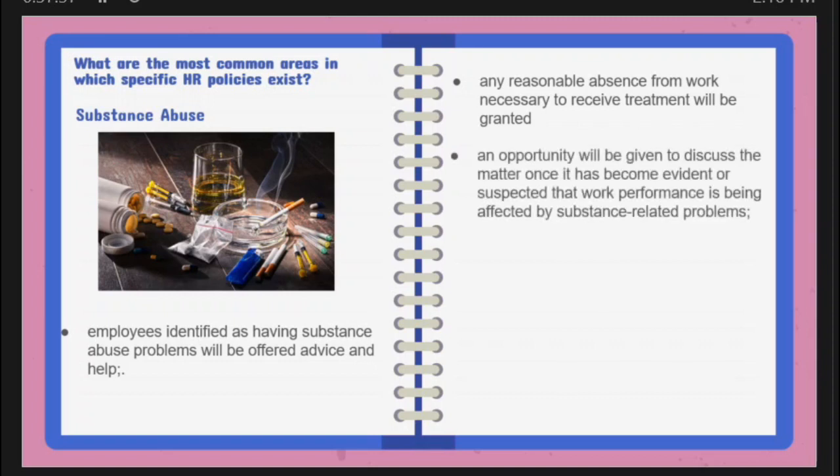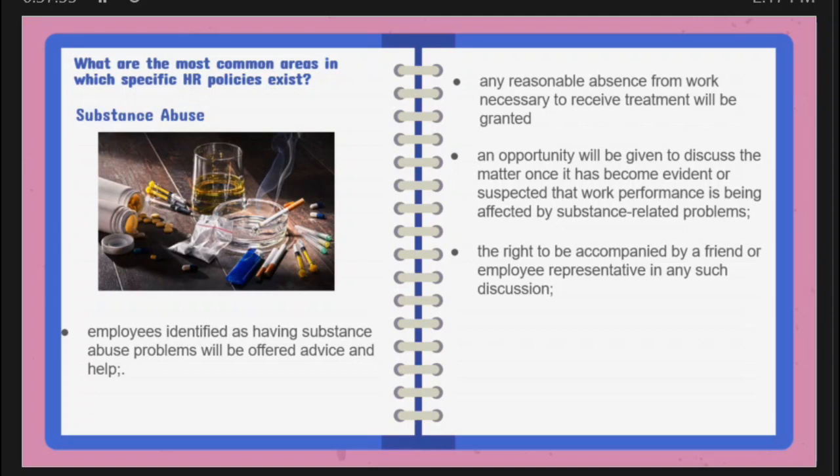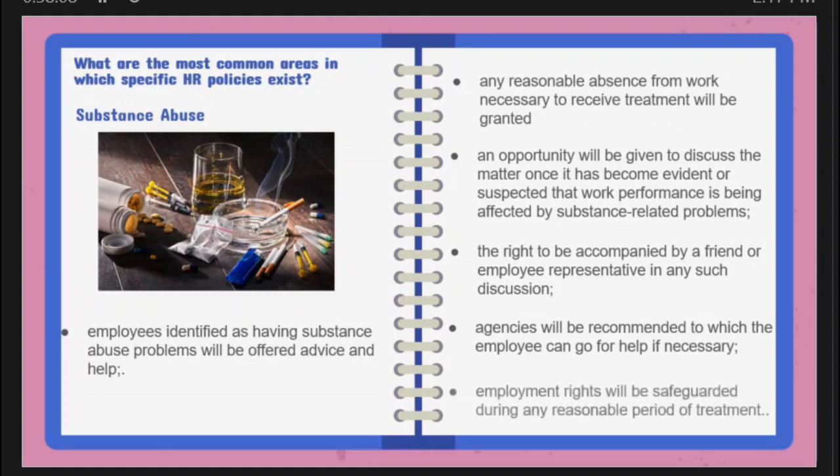An opportunity will be given to discuss the matter once it has become evident or suspected that work performance is being affected by substance-related problems. There is a right to be accompanied by a friend or employee representative in any such discussion. Agencies will be recommended to which the employees can go for help if necessary. Employment rights will be safeguarded during any reasonable period of treatment.